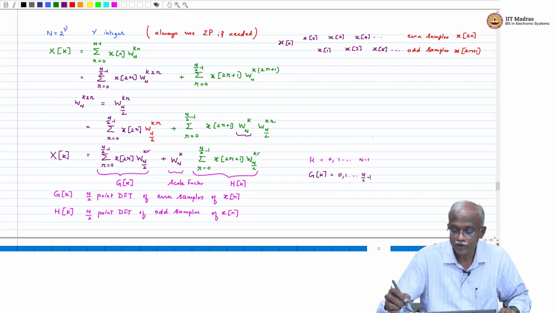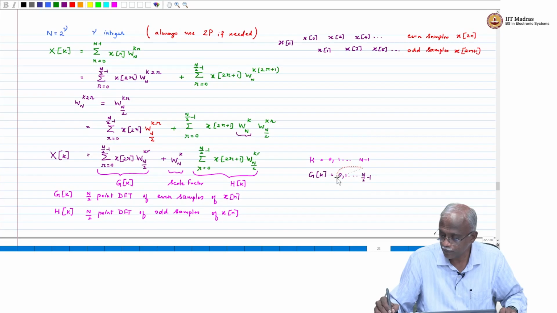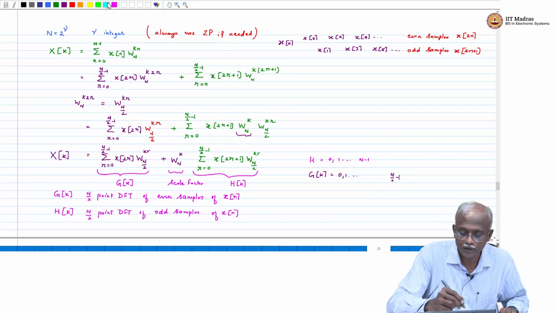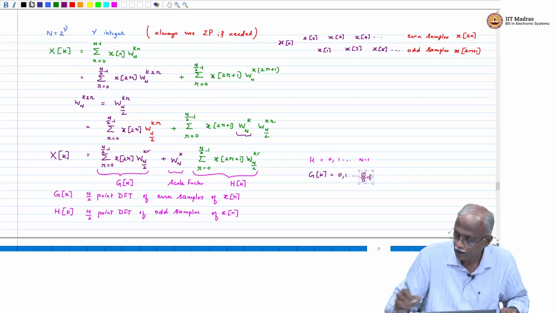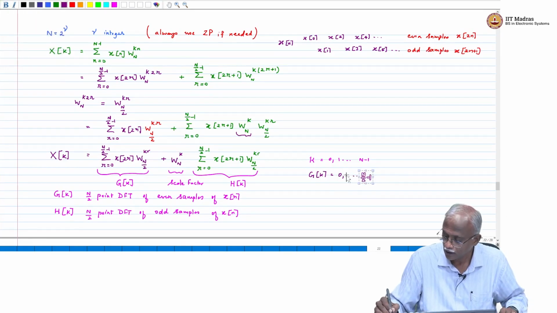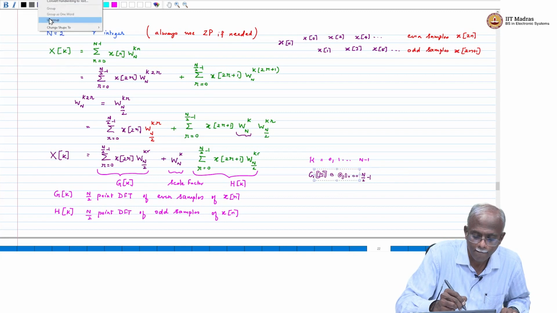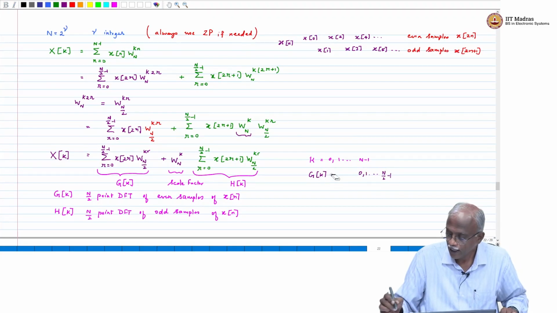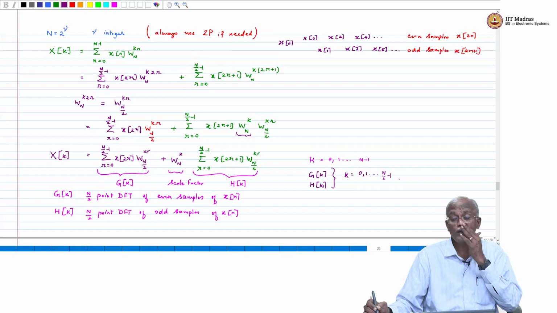Okay, let me make sure that we get this correctly. For G[k] and for H[k], k is in the range 0 to N/2 minus 1.